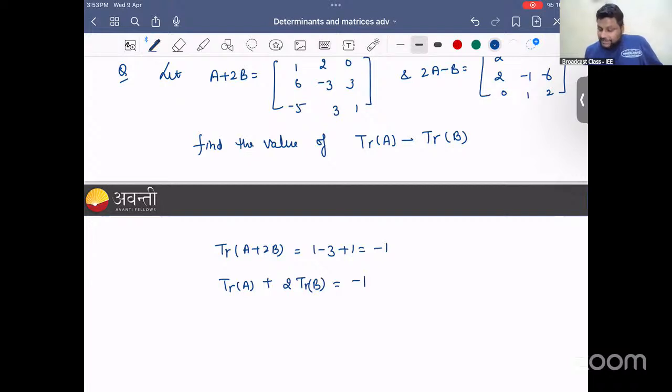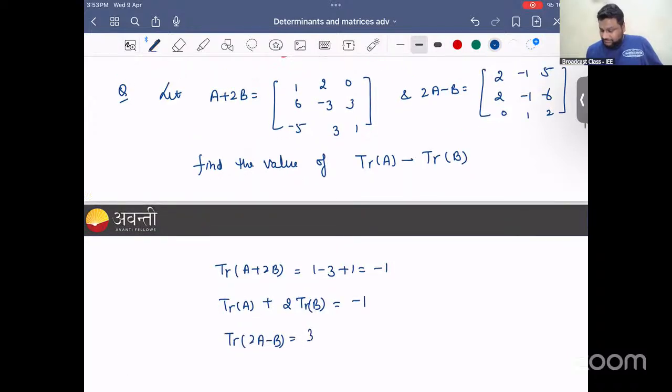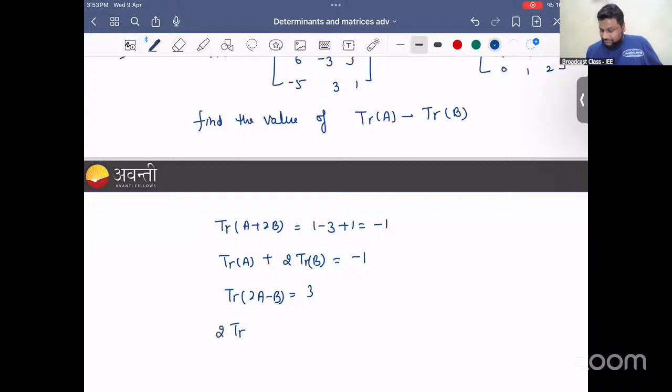Now see the second equation. Trace of 2A minus B is 3. That means 2 times trace of A minus trace of B is 3. Now you have these two equations, so you will find trace of A and trace of B, which is like simple linear equations, and then add or subtract them.